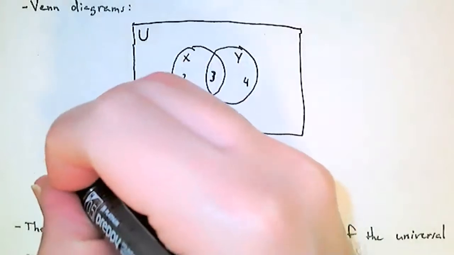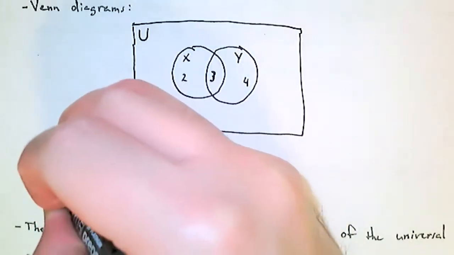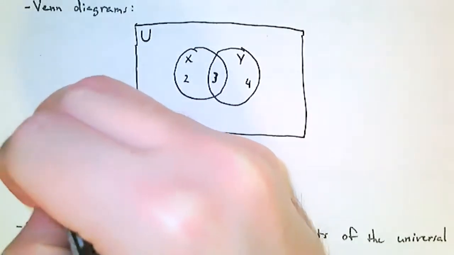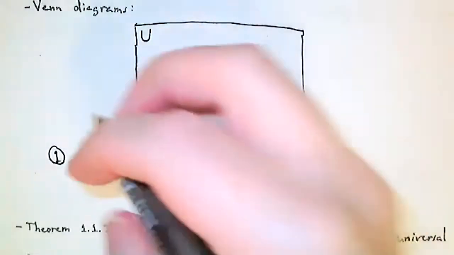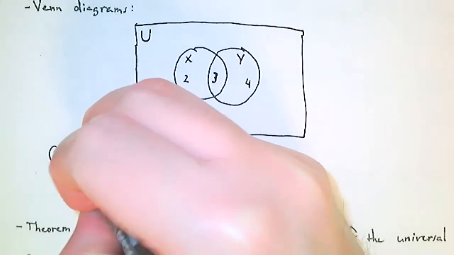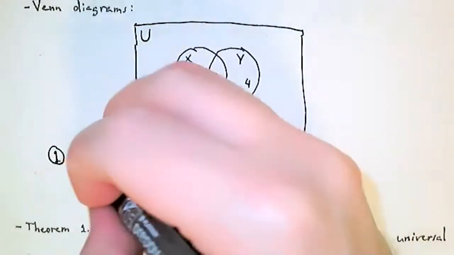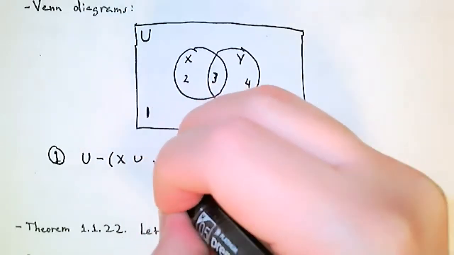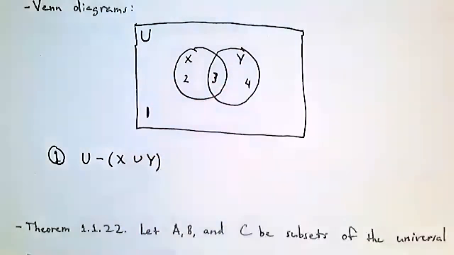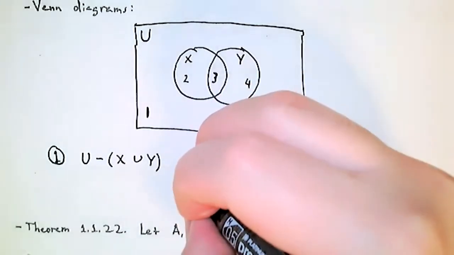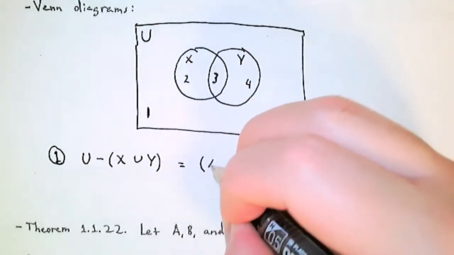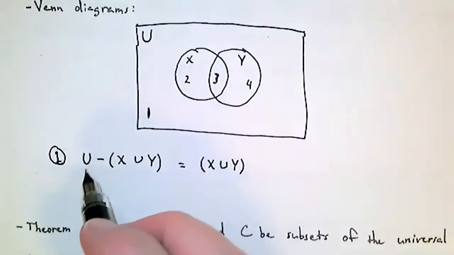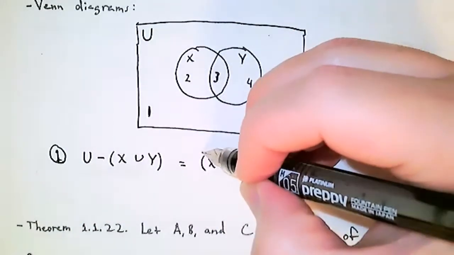If we wanted to put that in mathematical symbols, that would be starting with U, and then I need to take away both of these sets, X and Y. So I'm taking away the union of the two. And this is what we called the complement. We have our universe minus a set. So that's a complement.